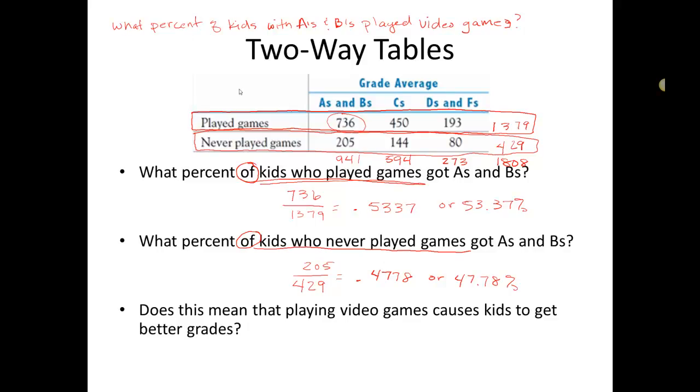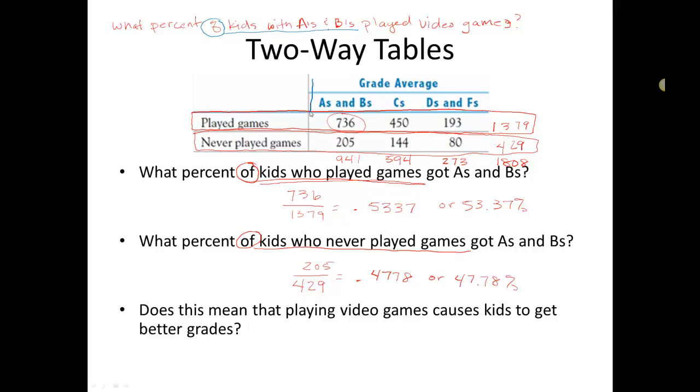I'm going to change my pen color here, switch it to blue so we don't get confused. All right, so now I'm still looking at that keyword of. This time I'm looking at of kids with A's and B's. So I'm conditioning on people who got A's and B's.